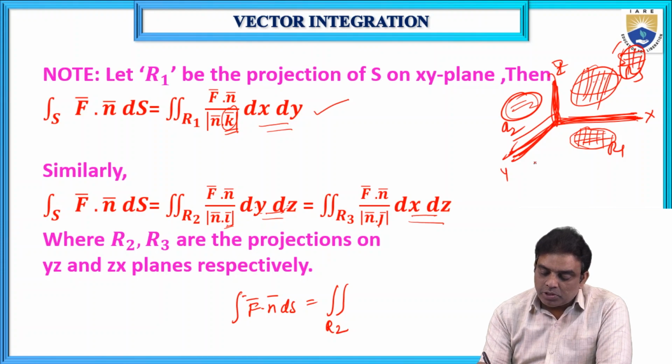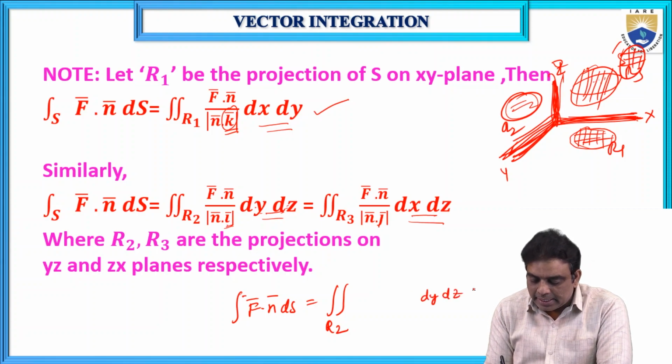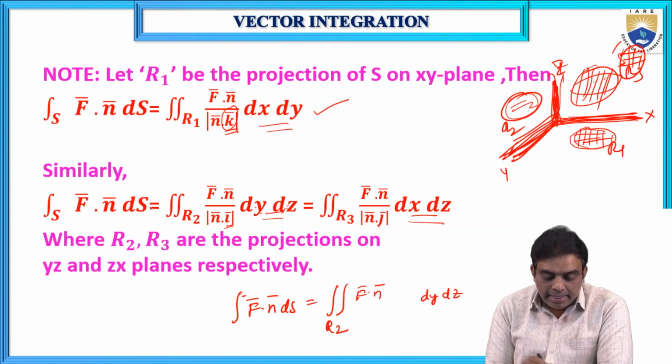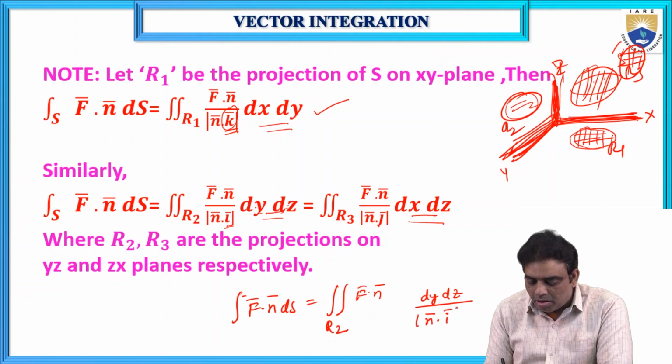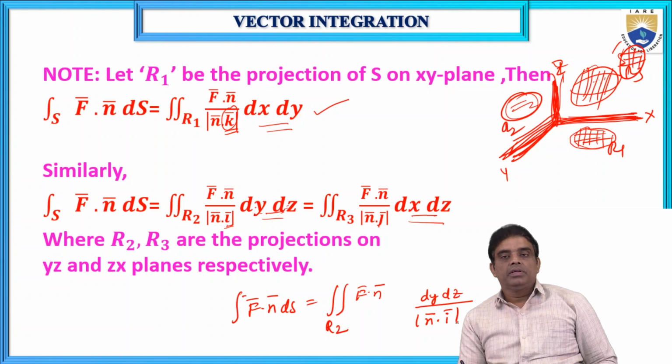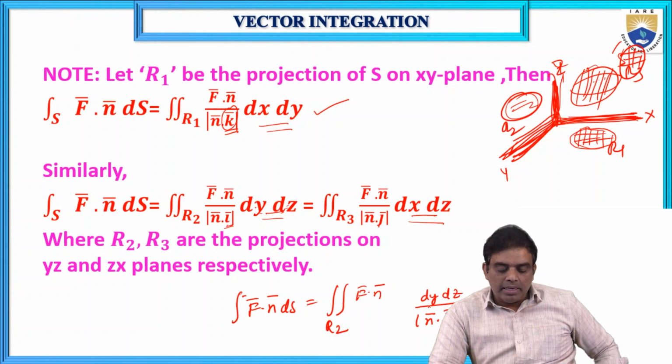If we consider the projection in xy plane, I already have written. If the projection is in yz plane, there exists a dy into dz. And here f bar dot n bar is common, and ds you can write as dy into dz by magnitude of n bar dot I bar. That is the formula. If you consider the projection on yz plane, then the limits will become y and z.